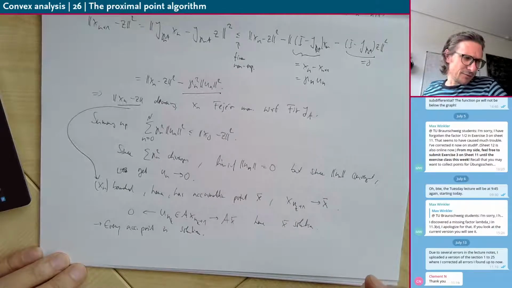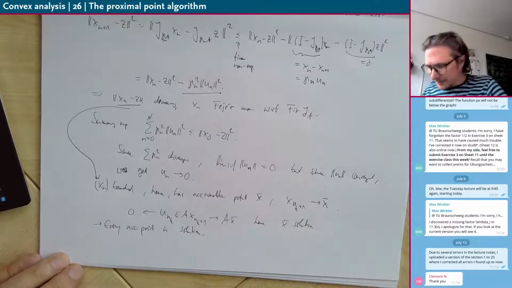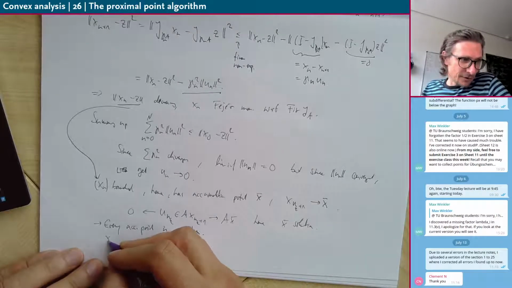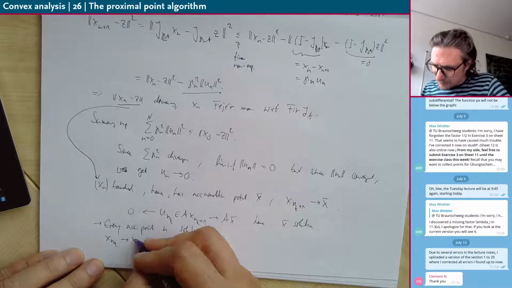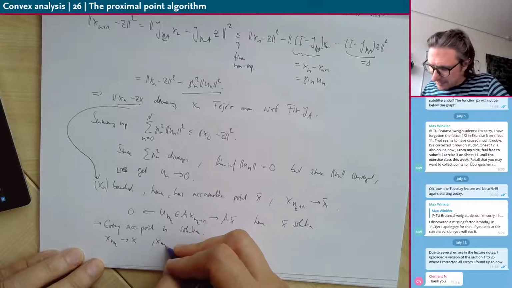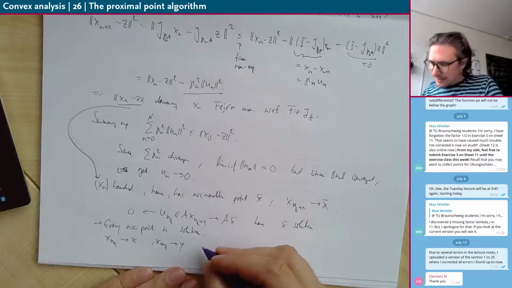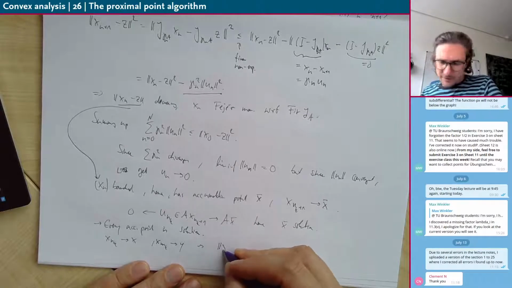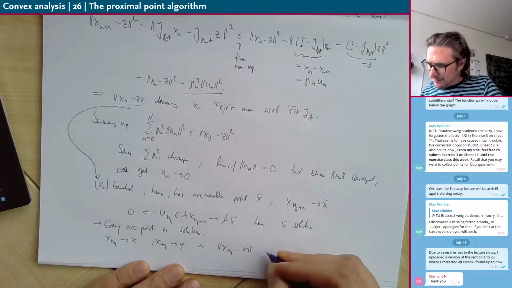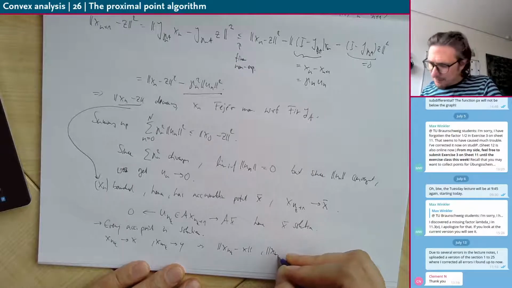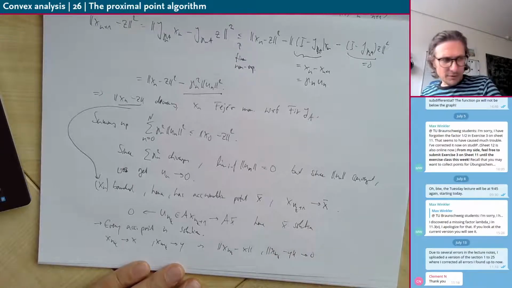Yeah, so how do we do it? Let's assume that there are two. So one subsequence x_{n_k} should converge to x, and another subsequence x_{m_k} shall converge to y. And then we know that both x_{n_k} minus x and x_{m_k} minus y go to 0.